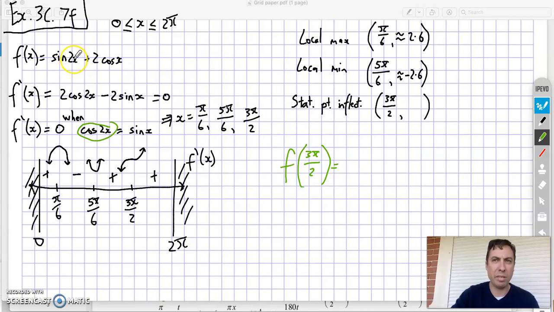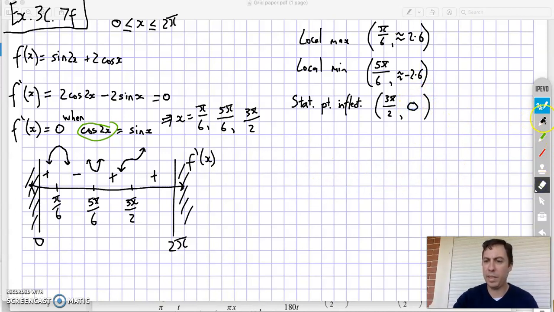What's sine of 3 pi? It's 0. Oh, great. That was nice and easy. Cos of 3 pi on 2 is also 0. This whole thing actually just equals 0. Good. That was an easy one.